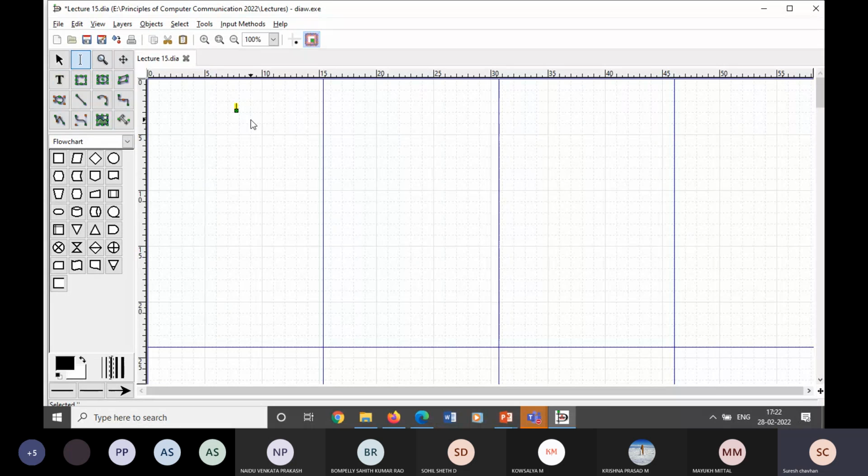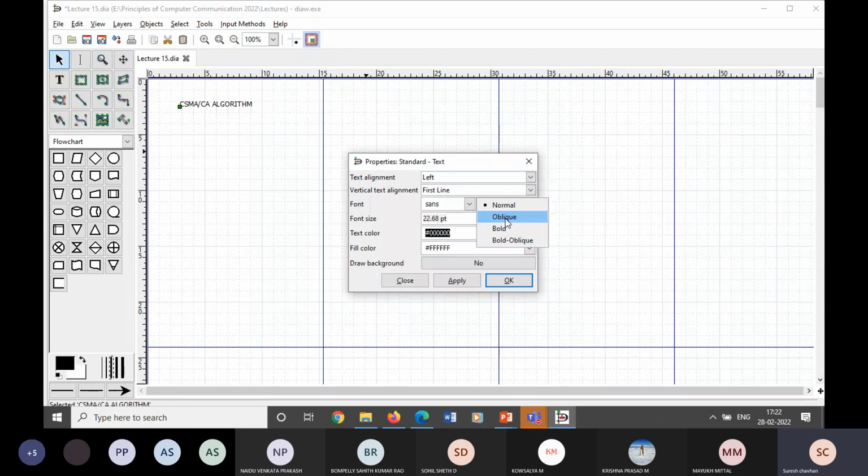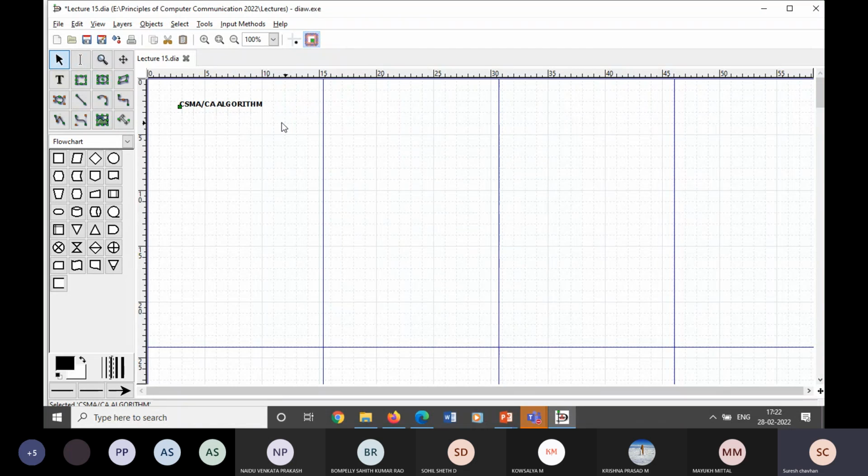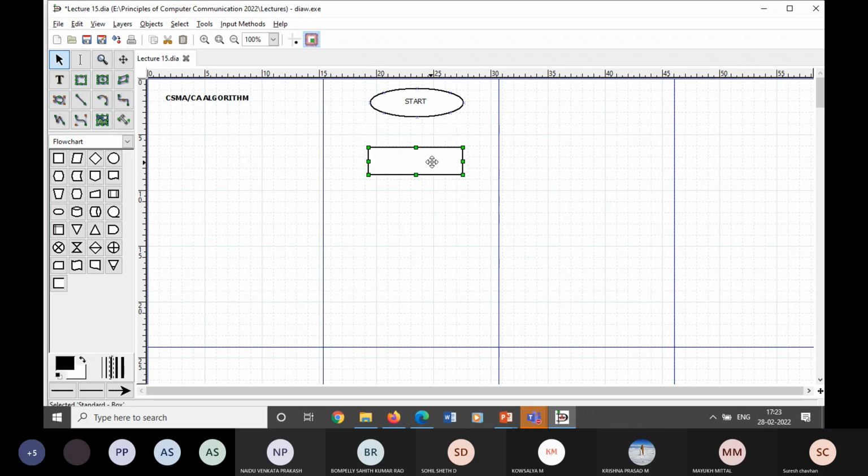Now we will develop the algorithm: the carrier sense multiple access with collision avoidance algorithm. Of course, first we need to start the algorithm, so we have started the CSMA/CA algorithm.